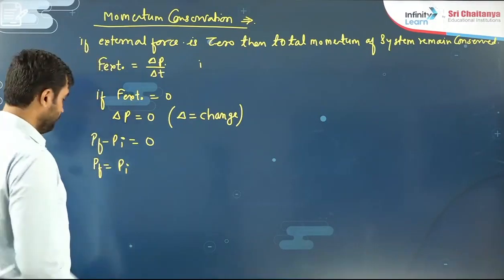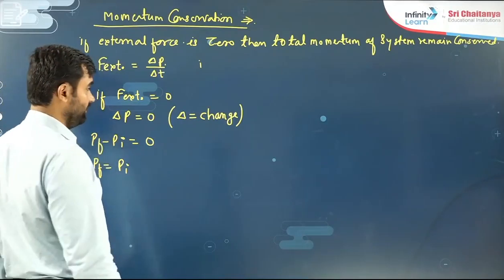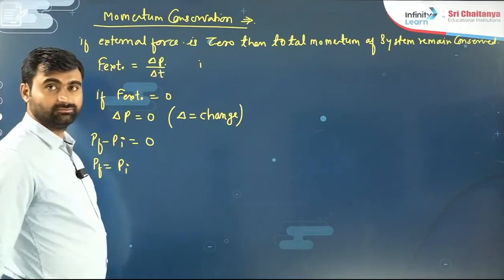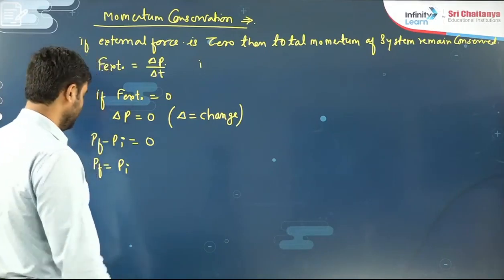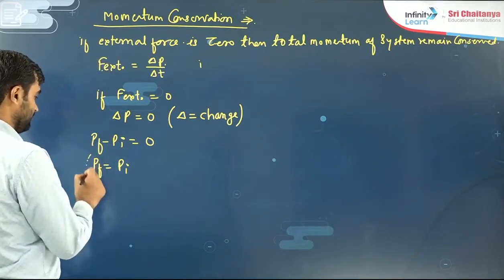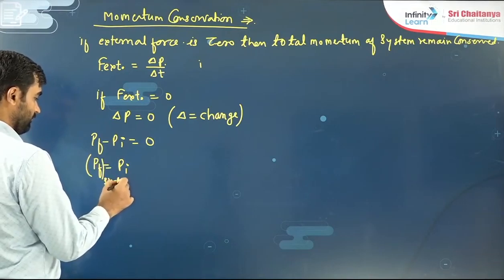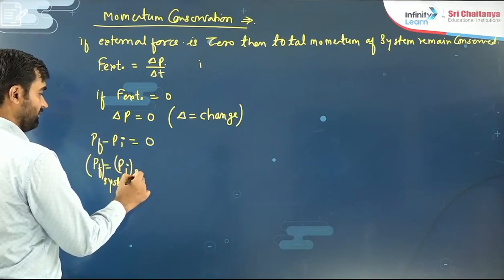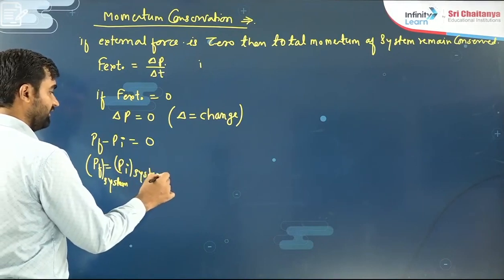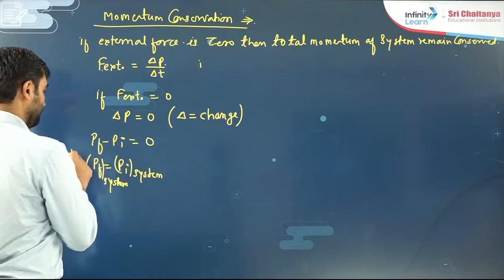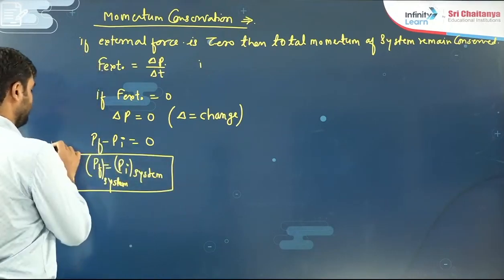Okay. So final momentum equals initial momentum. This is momentum conservation. And here we will write system. This is for a system, not for a single body.